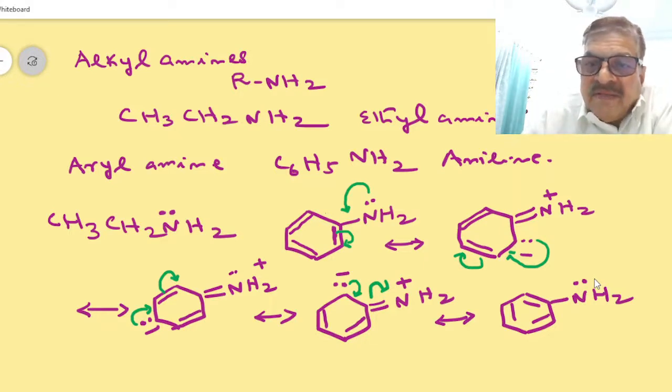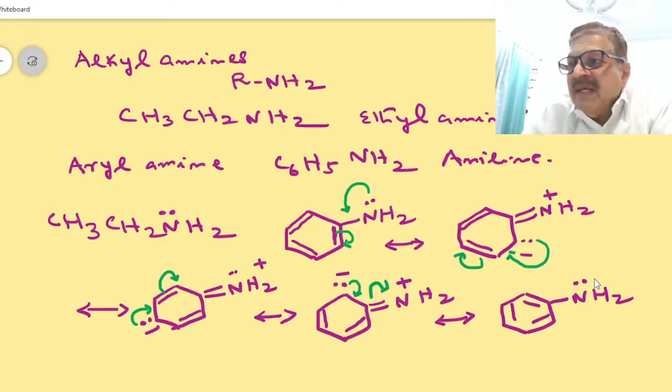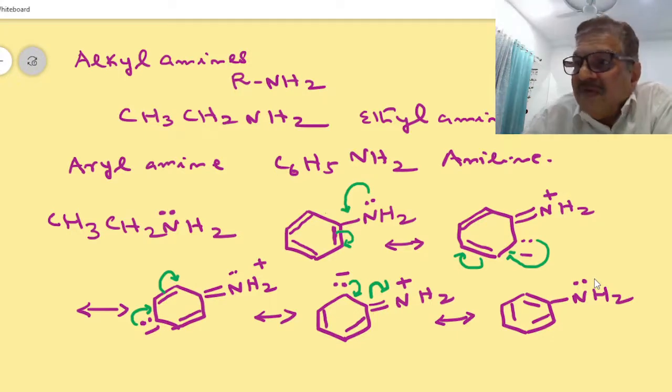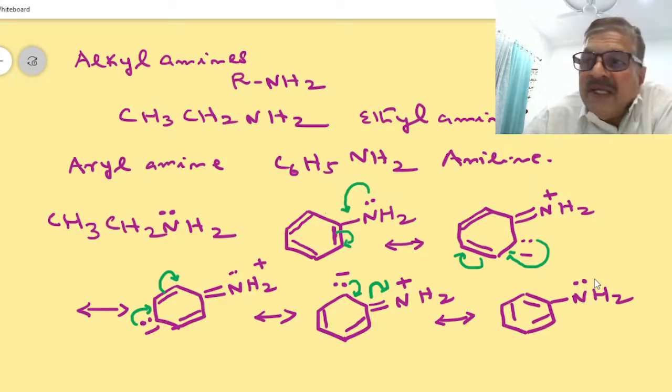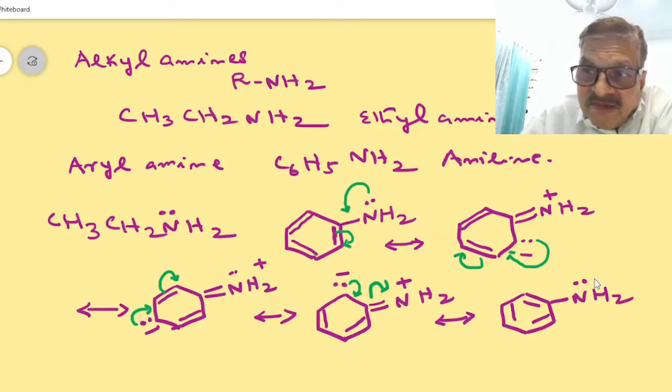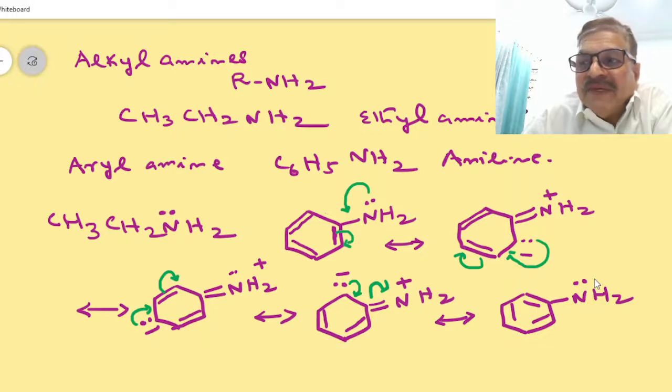In arylamine, that is the case of aniline, the electron pair is delocalized over the benzene ring here. This decreases the electron density on the nitrogen atom, and therefore aniline is less basic than ethylamine.